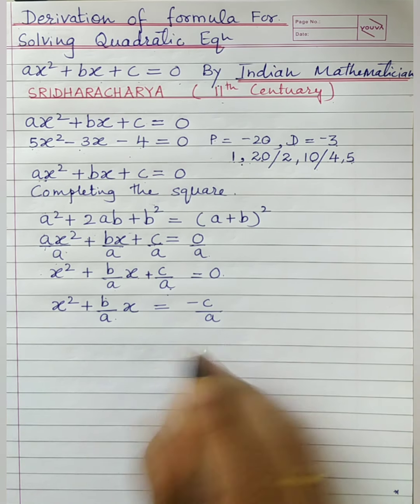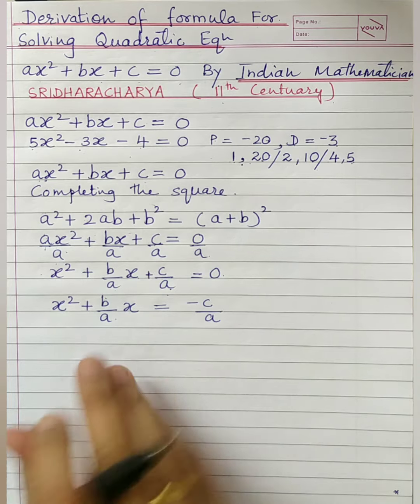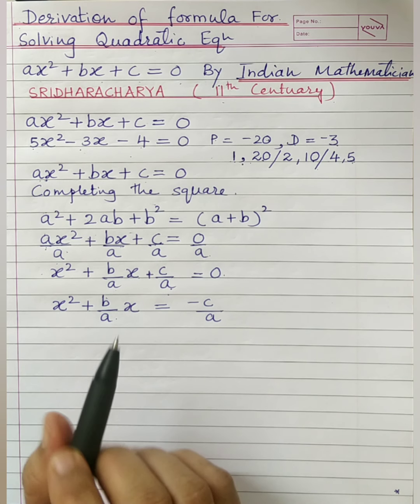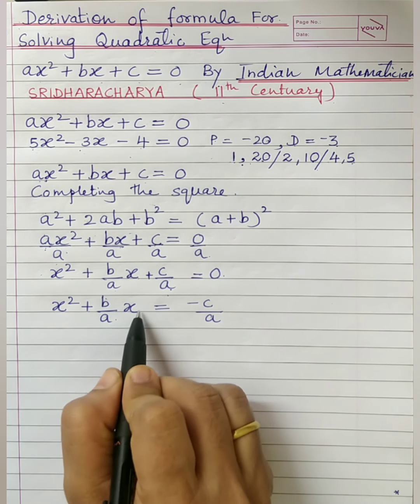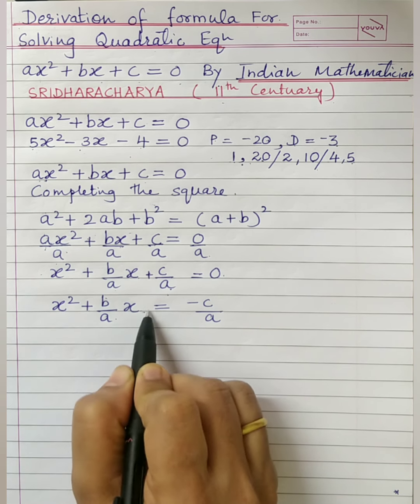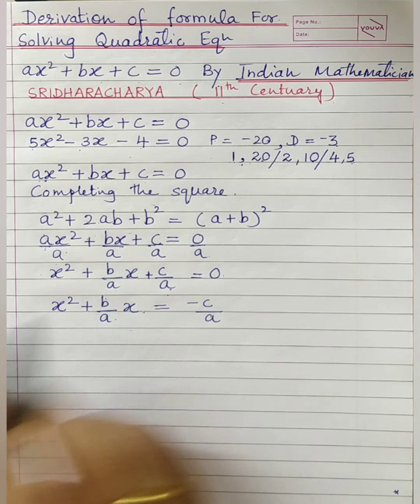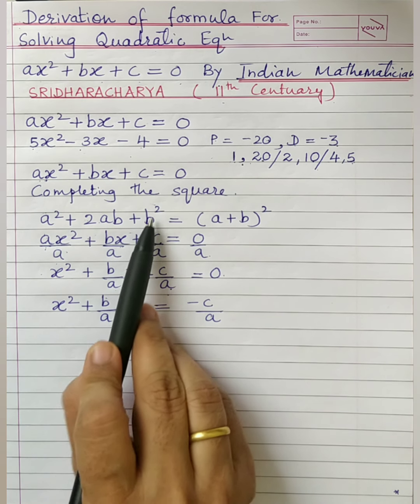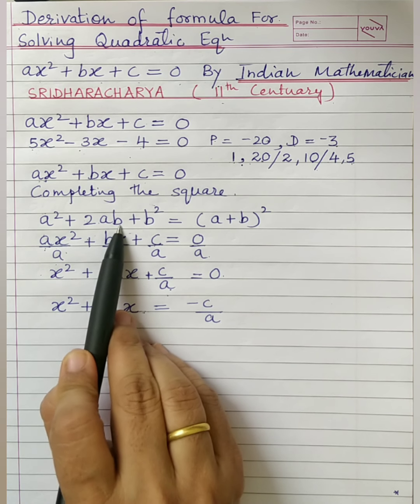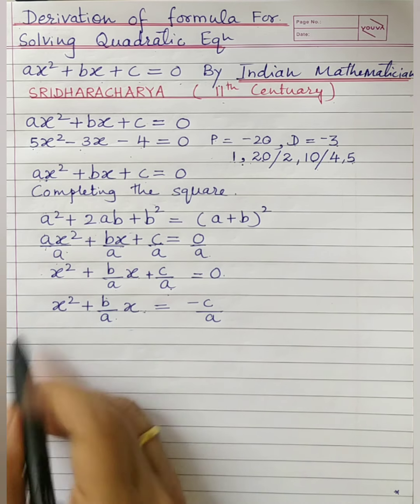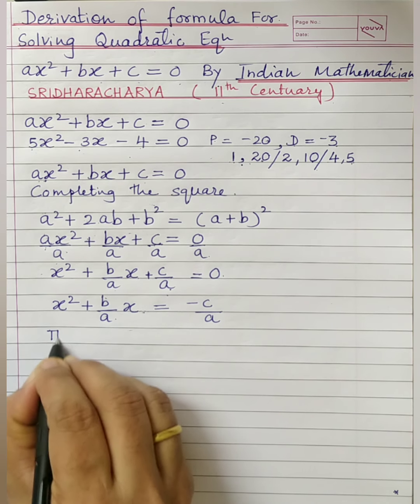Now this binomial I am going to make a perfect square trinomial. How do I do that? I will add the third term, which will be a perfect square and satisfy the 2ab term also. For that, if you observe, if I want to get b from here, I will have to eliminate a. See, I will show you what the third term is.